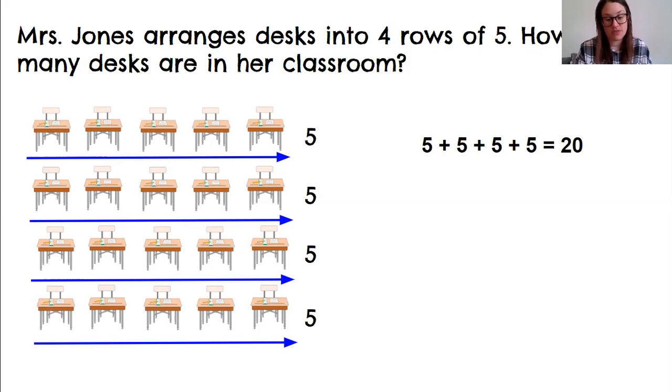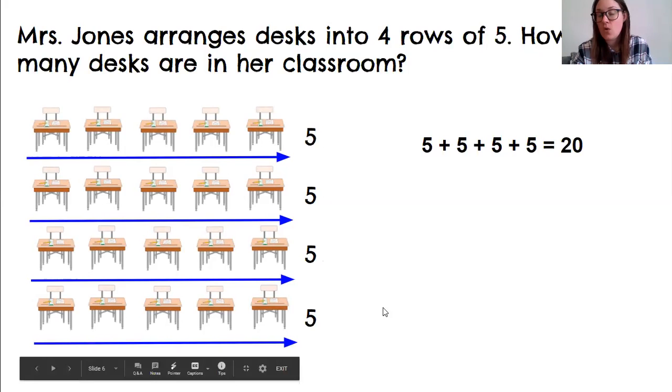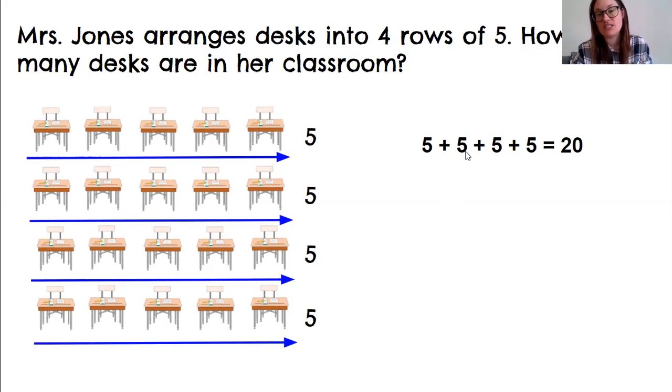Right, I could count up each desk individually, or I could skip count 5, 10, 15, 20, or I know that 5 plus 5 is 10, and 5 plus 5 is 10. And I know my doubles facts, 10 plus 10 is, yep, 20.